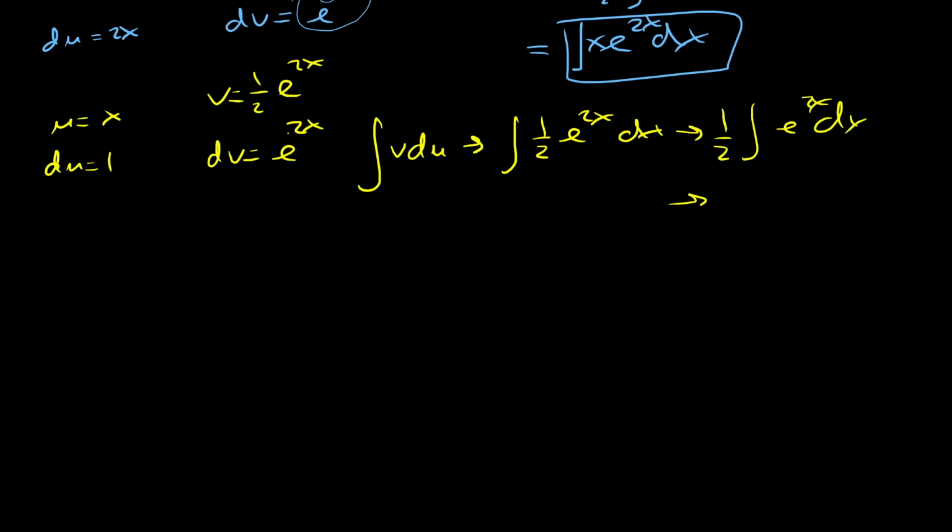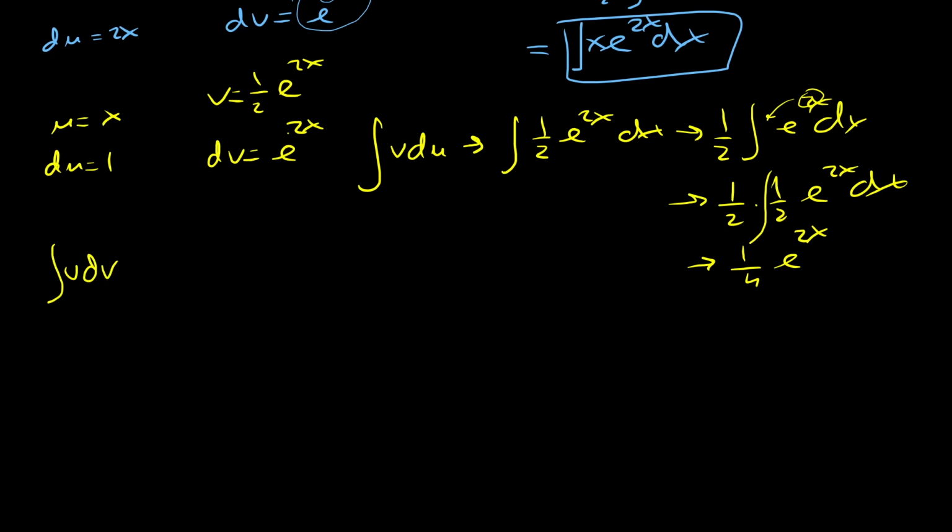And as we have been talking about before, because we have a 2 here, we get it out in order to get this to 1. So it's another 1/2, so it's 1/2 times 1/2. Let's get it inside first to be clear: e^(2x) dx. So the solution to this is 1/4 e^(2x). Remember, when we are doing integration by parts, all we are doing is saying that the integral of u dv is equal to uv minus the integral of v du.